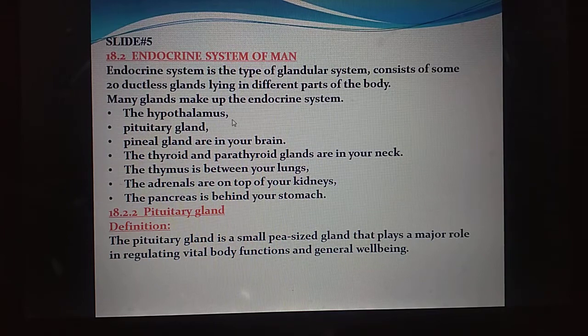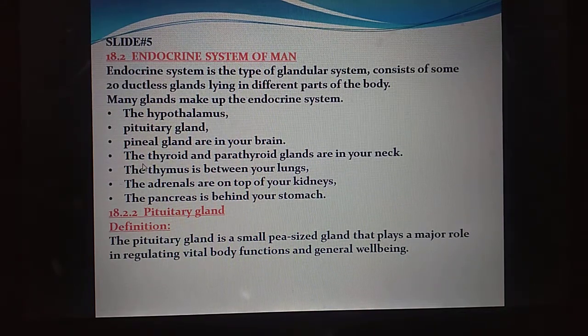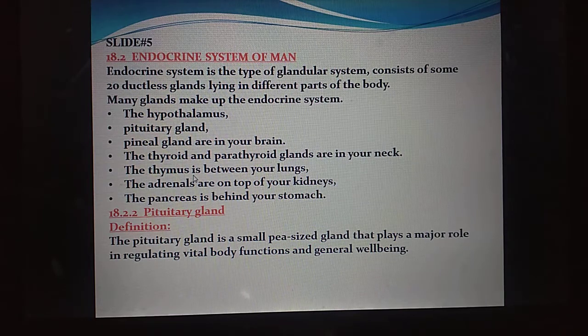For example, the hypothalamus is also glandular in nature. Besides this, the pituitary gland, and then the pineal gland, which is also present in our brain. Besides this, the thyroid and parathyroid glands, which lie in our neck region. The thymus, which lies between our lungs. The thymus gland is pinkish in color and larger in size in youngsters, while in old age, when we move toward aging, its color becomes yellowish and its size also decreases.